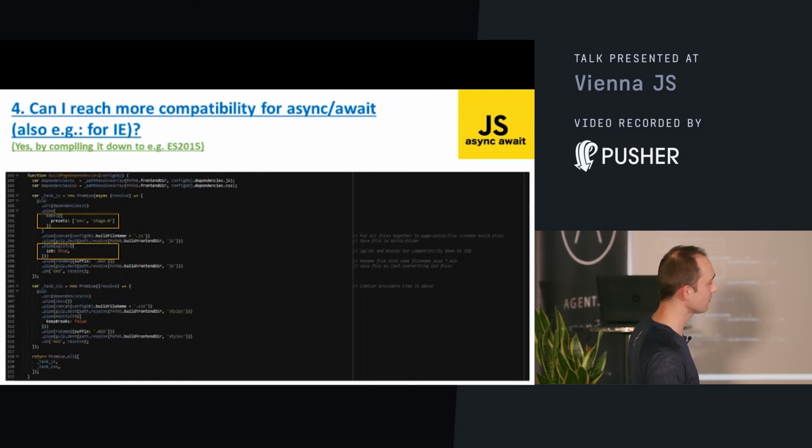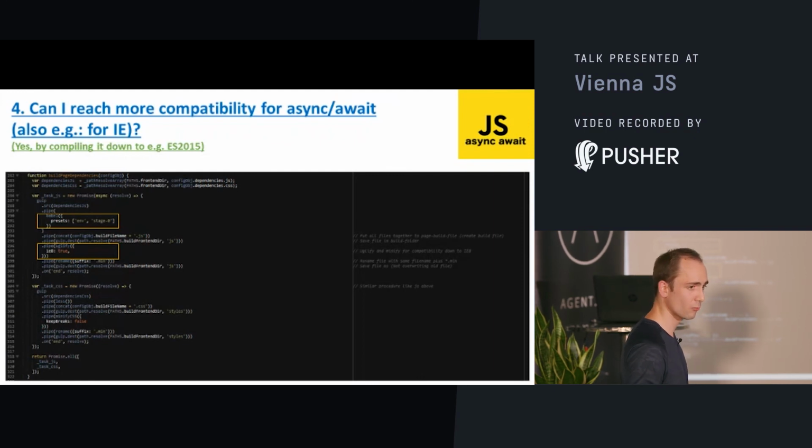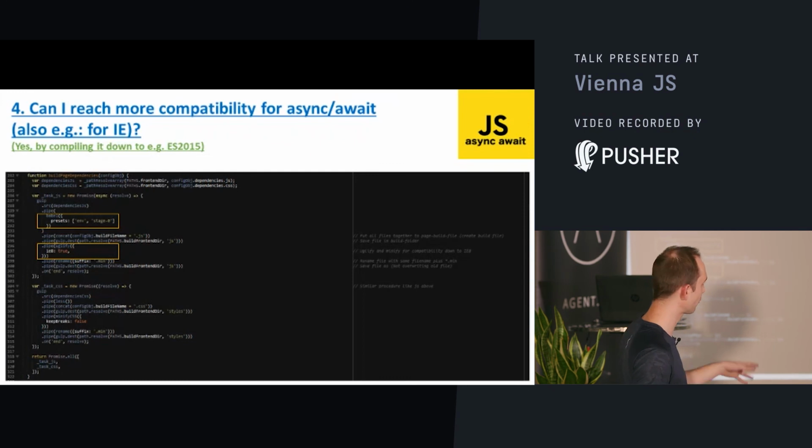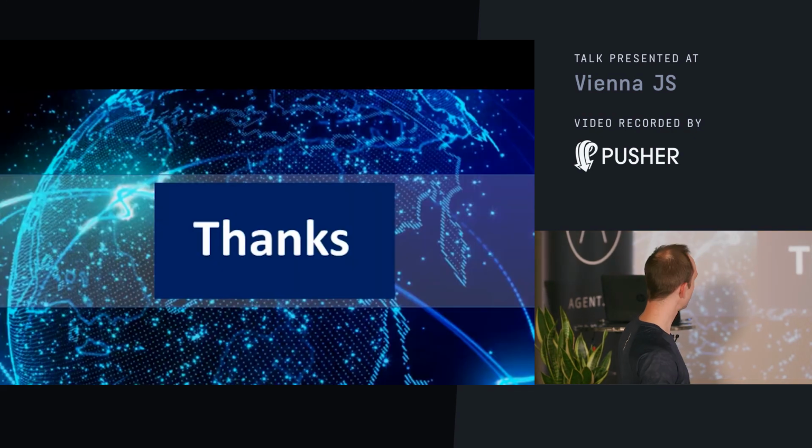The result is that you have no async await in your code anymore. You cannot read it, it's not readable, but the async await is gone and the app is still working. And you have it compatible for older browsers as well, which is very, very important. That's it, thanks.